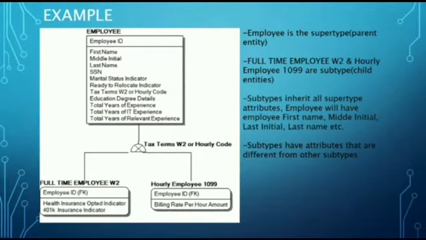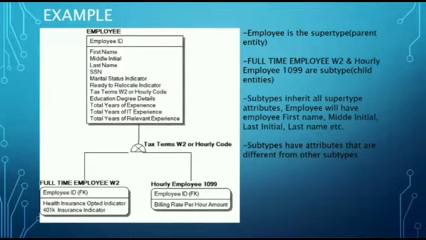Here is an example of the supertype and subtype relationship. In this picture, the employee is the supertype or the parent entity, and the full-time employee and hourly employee are the subtypes.